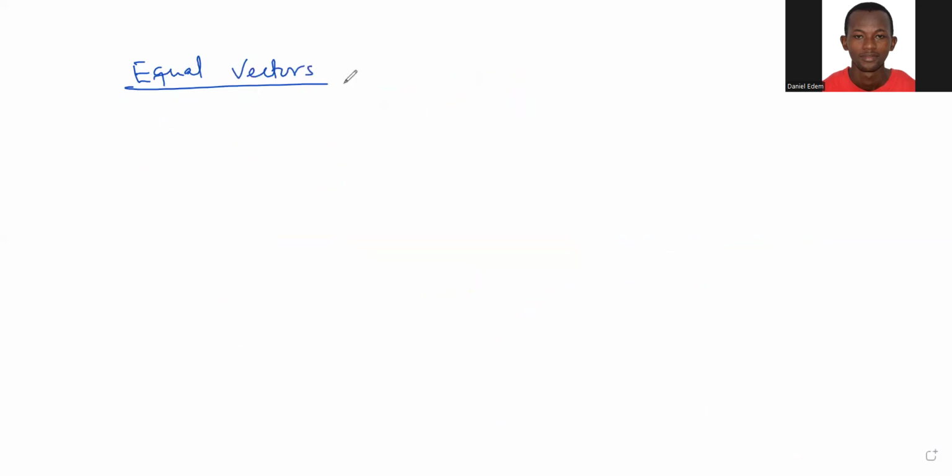So for equal vectors, what it simply means is that we say two vectors are said to be equal if they have the same magnitude and direction.